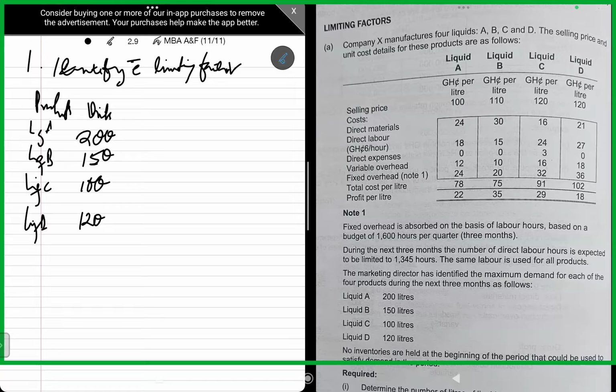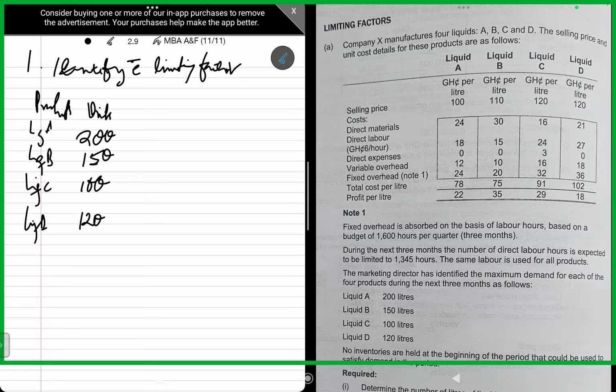And in the next 3 months, the business has made these projections of maximum demand of liquid A 200 liters, B 150, C 100, D 120. For the same 3 months, all the resources we have will be limited to 1,345 hours for labor. So it means labor is the limiting factor.